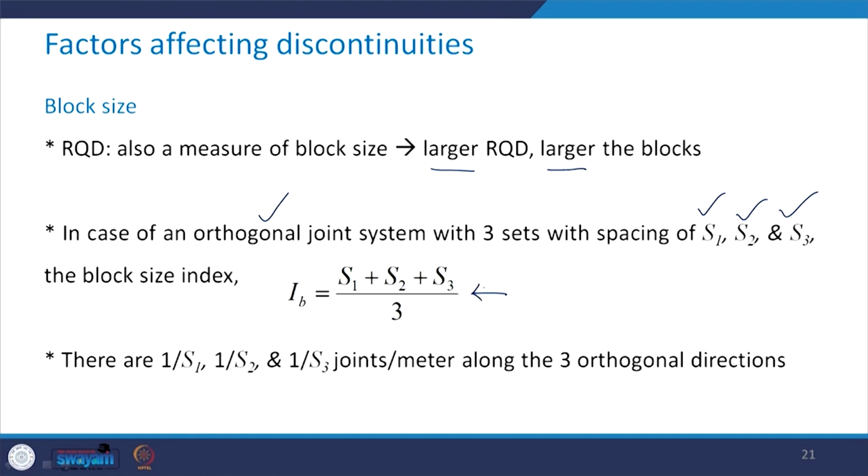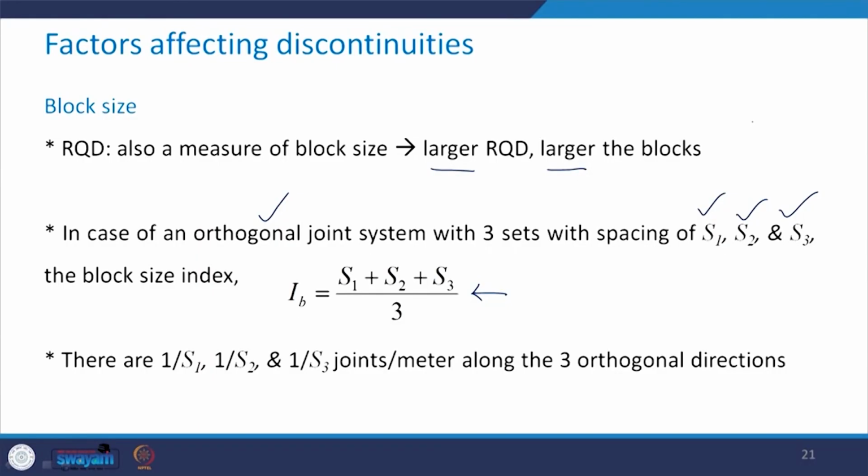Again, this is a particular case where we can obtain the block size index using this expression, the condition being that it is an orthogonal joint system with 3 sets. There are 1 upon S1, 1 upon S2 and 1 upon S3 joints per meter along the 3 orthogonal directions. So you see that we have X, Y, Z directions, and the joints have been assumed along these orthogonal directions only.